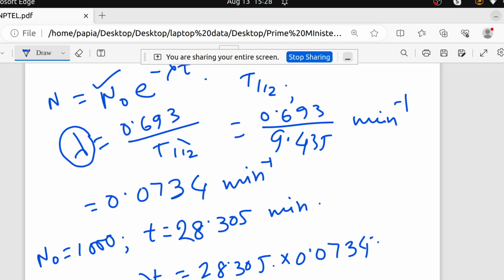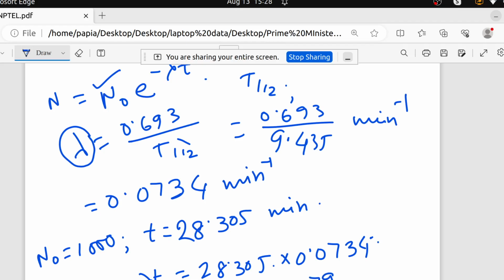Multiplying that with 28.305, this is 2.079. This is lambda t, right?